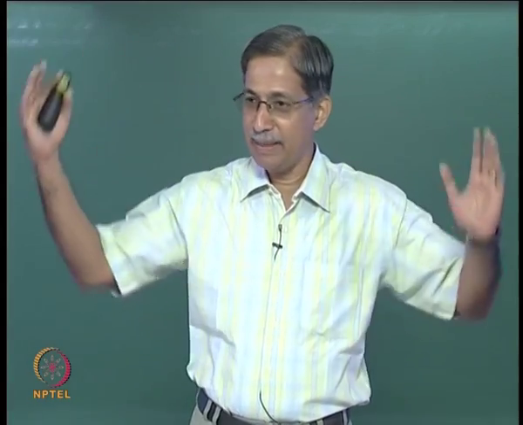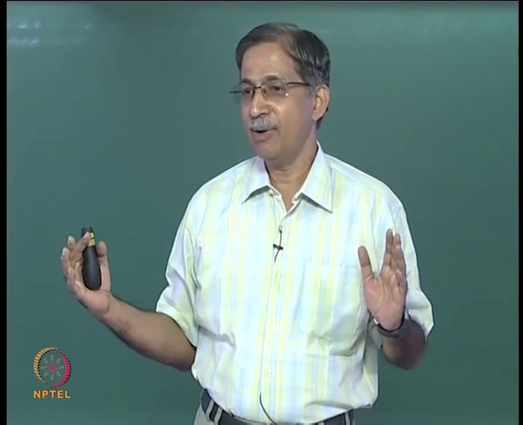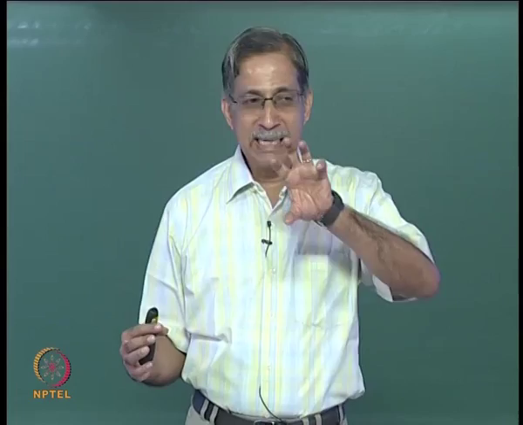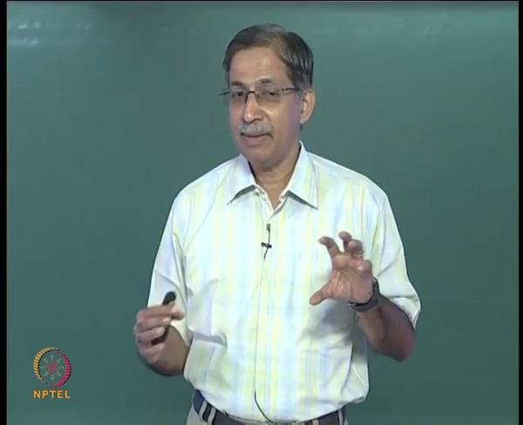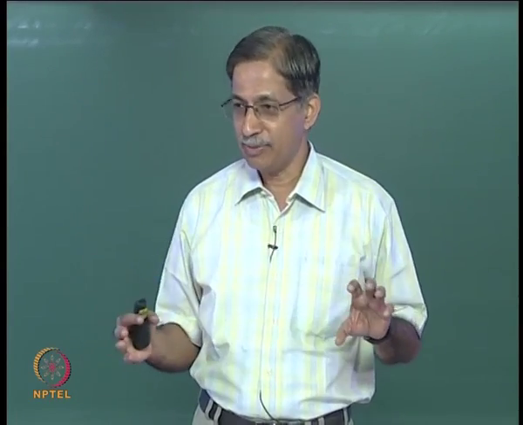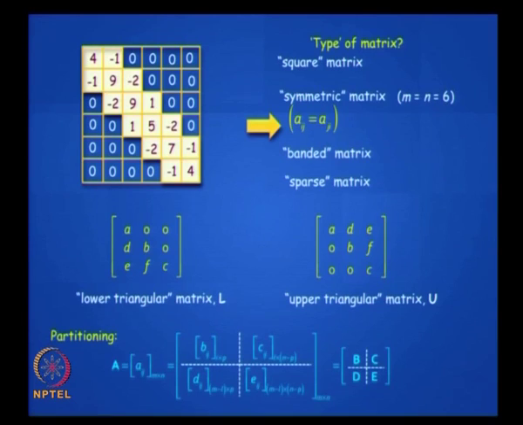You don't want to look at the big picture all the time, so you pick out little pieces from your big picture, but you should know where it is, how it is positioned and so on. You can draw these partition lines and subdivide, and different submatrices will have different orders, but they should all add up to the order of the full matrix.